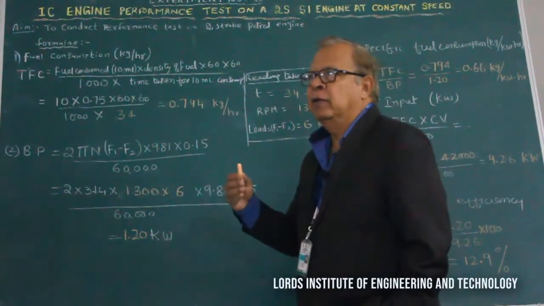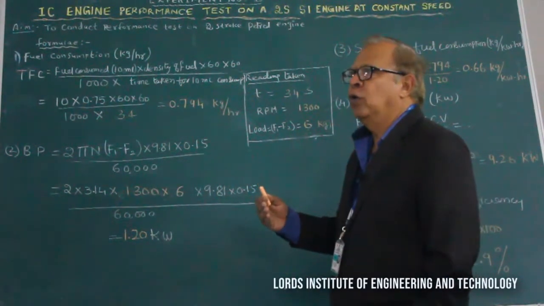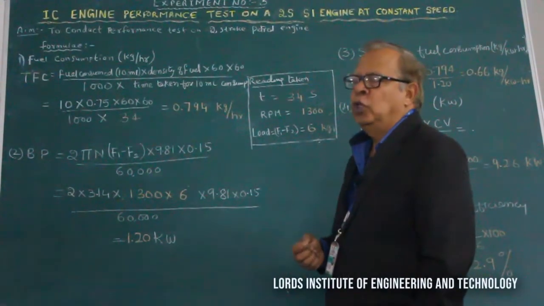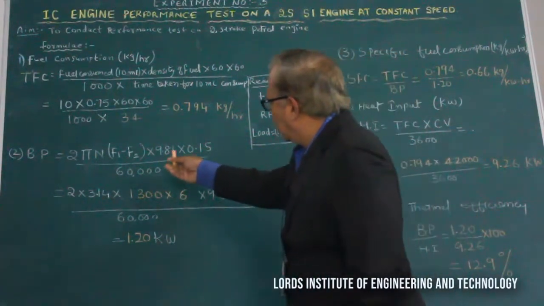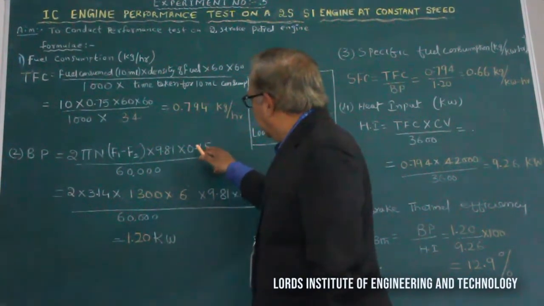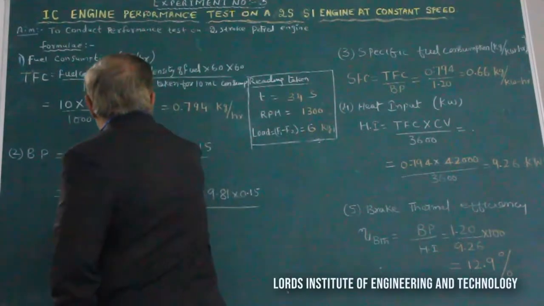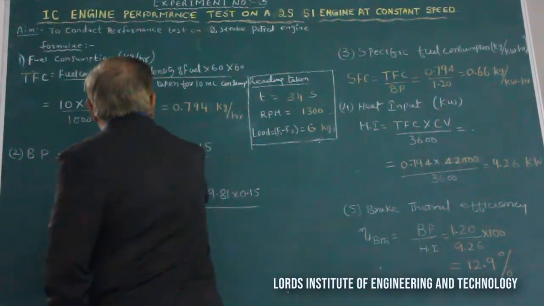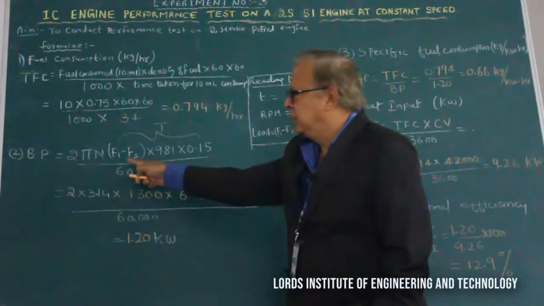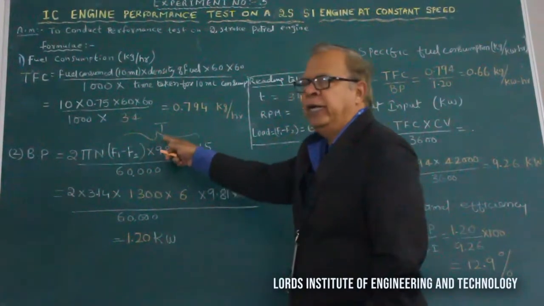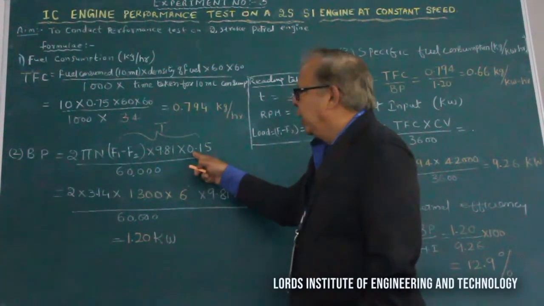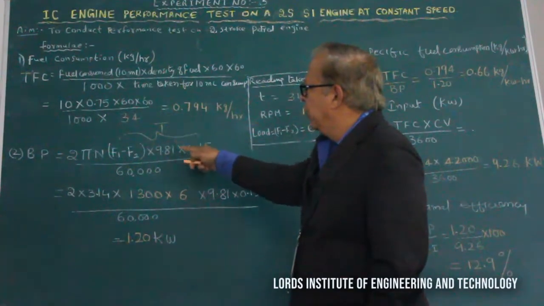If I multiply the force with the radius of the dynamometer, that is the brake drum, which is equal to 0.15 meters, this load into radius will give the torque. F1 minus F2 is the load in kgs, I convert it to newtons by multiplying with 9.81, then I get the force in newtons, and the force into the radius of the dynamometer will give me the torque.